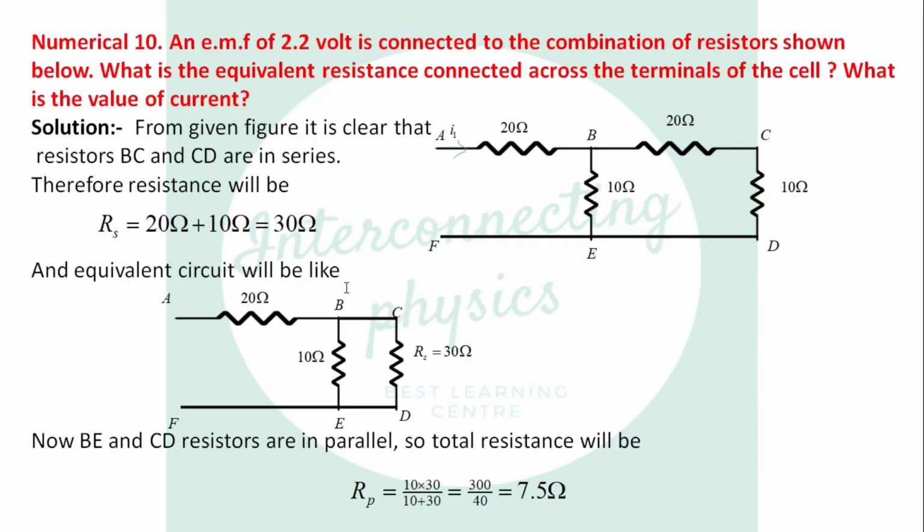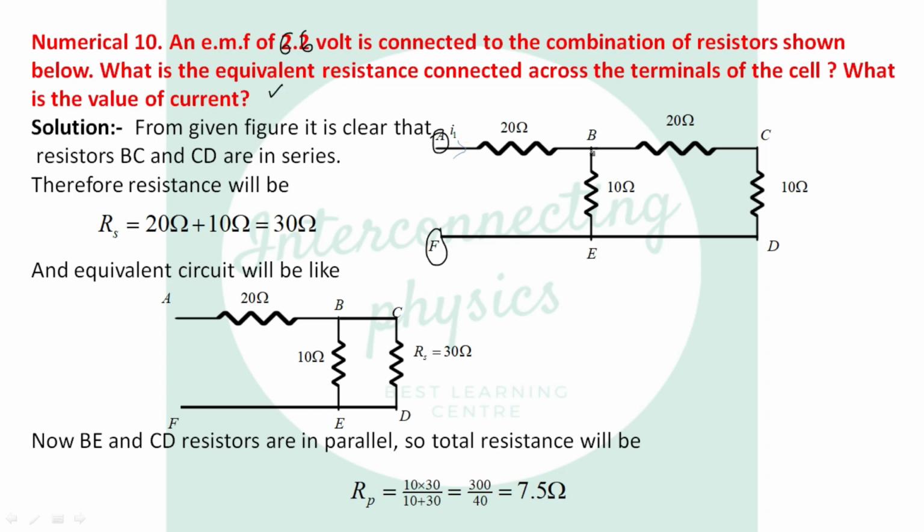Okay, now next, numerical number 10. An EMF of 6.6 volt is connected to the combination of resistors shown below. This is the combination you are given. What is the equivalent resistance connected across the terminals of the cell? Means here you have to calculate the equivalent resistance between A and F. And what is the value of current?